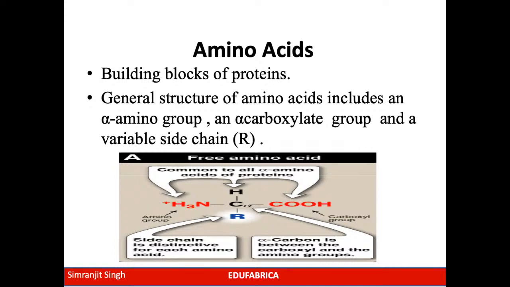Here we can see the amino group and the carboxylic group, common to all alpha amino acids of proteins. This is the alpha carbon, which is between the carboxylic and the amino group. The side chain is different for each amino acid, and according to this we have different properties and characteristics. Because of the change in this R, we distinguish them into 20 amino acids.